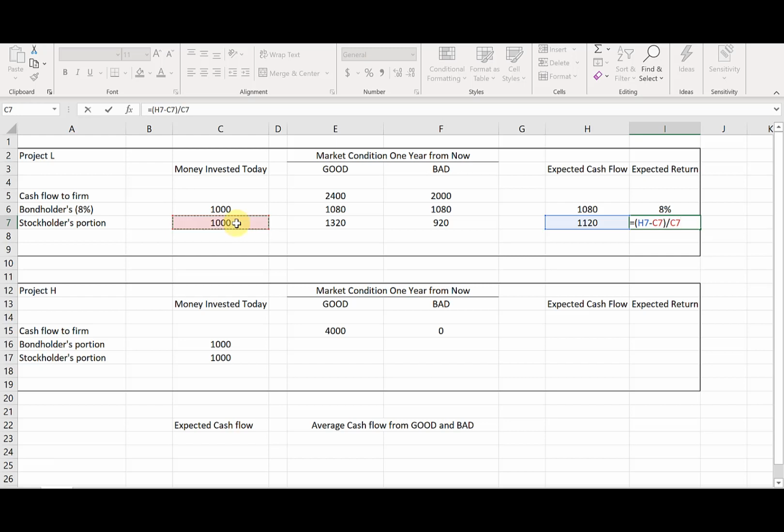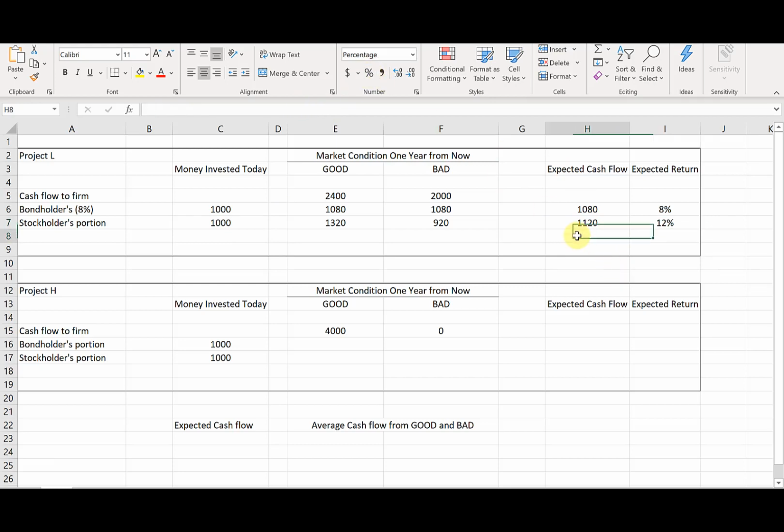So basically this is 120 divided by 1,000, leaving them with a 12% return. So if the firm pursues Project L, bondholders are looking at an average return of 8%, whereas stockholders are looking at the average return of 12%.